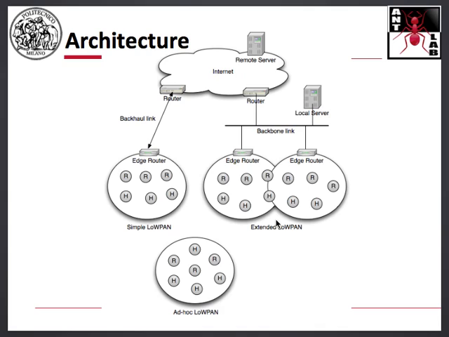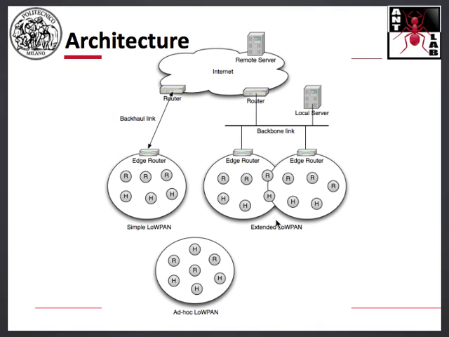So, what kind of networks do we have under 6LoWPAN? We have something similar to what we have seen in ZigBee, so 15.4 kind of networks, which is called the simple LoWPAN. Okay, which is composed of a bunch of nodes, which are distinguished between routers and host nodes. And we also have an edge router there.